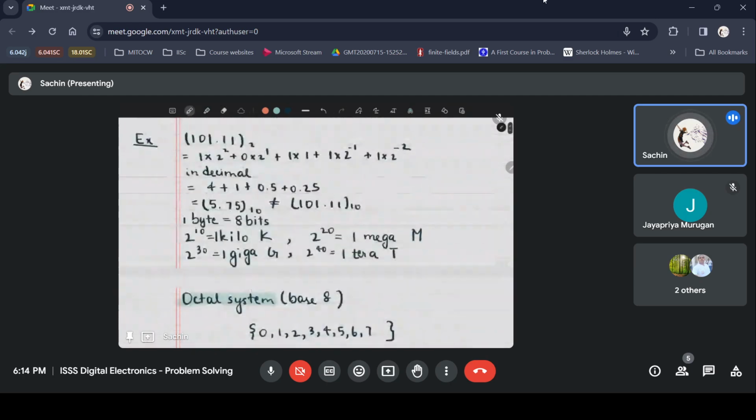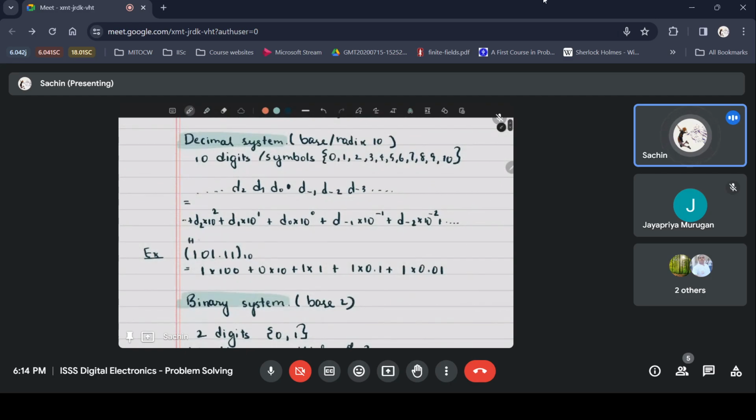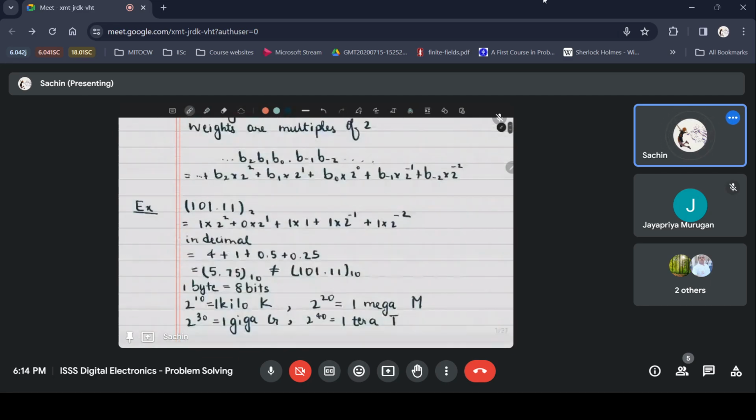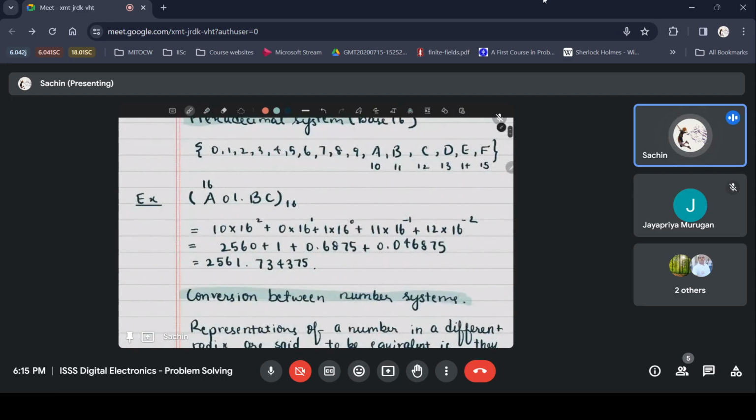So if you remember in your decimal system, you would write this as the hundreds place, the tens place, the units place, and this is the tenths place, etc. So similarly here, this is the 16 squared place, this is the 16s place, this is the ones place, this is the 1 over 16 place, this is 1 over 256, that's the 16 squared place.